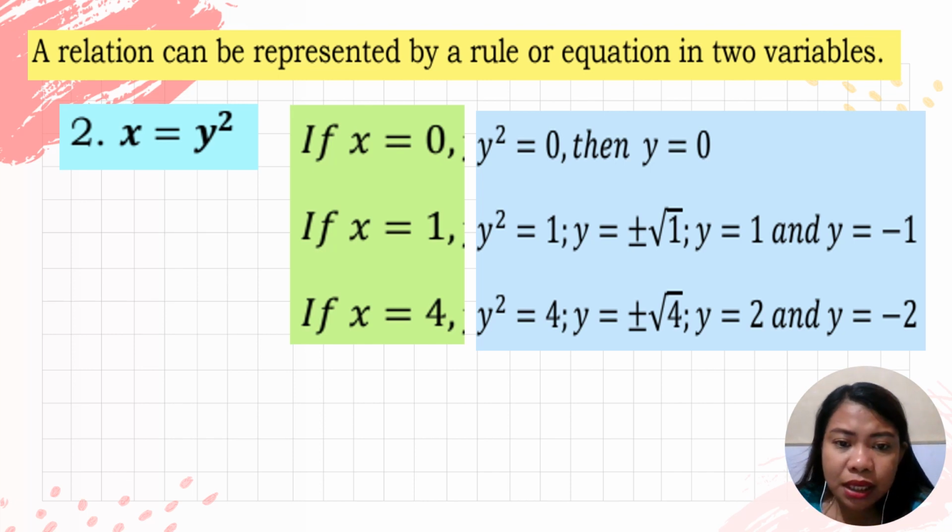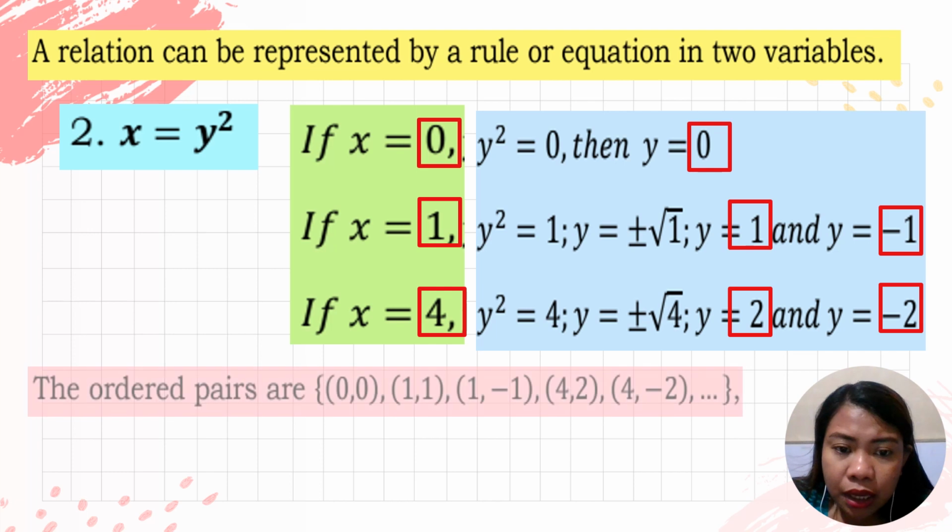If x is equal to 1, to get the value of y, it is the positive and negative square root of 1, which is equal to positive 1 and -1. While if x is equal to 4, the square root of 4 is positive and negative 2.